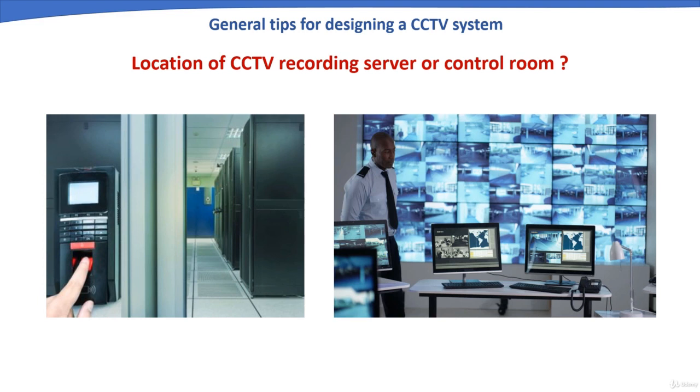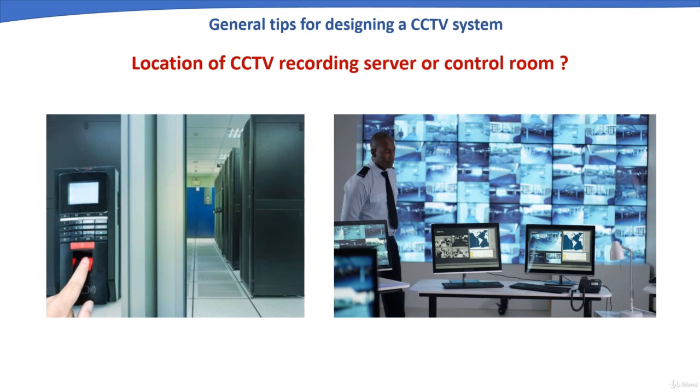We must ensure that the CCTV control room is properly designed. The control room should be big enough to accommodate CCTV hardware such as monitors, workstations, servers or recorders, etc. The control room should be well air conditioned as there is CCTV electronic equipment which will operate 24/7.